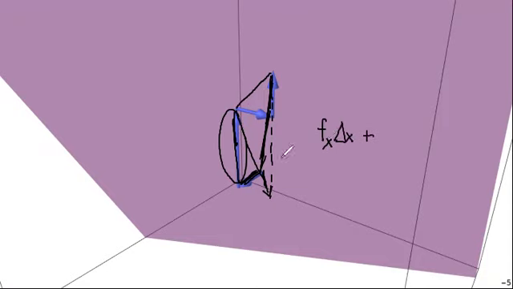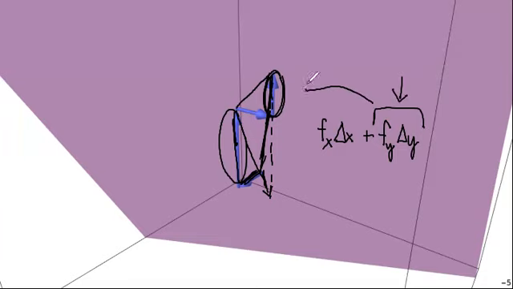Then we add to that the slope in the y direction times the run, and that gives you the rise in z. So this is the change of z on this part, and this is the change of z on this part, due to x and due to y.